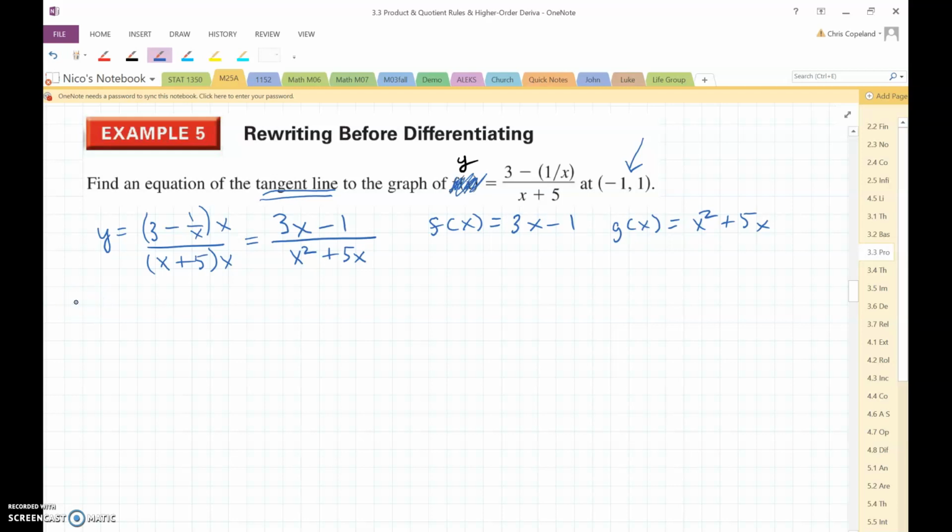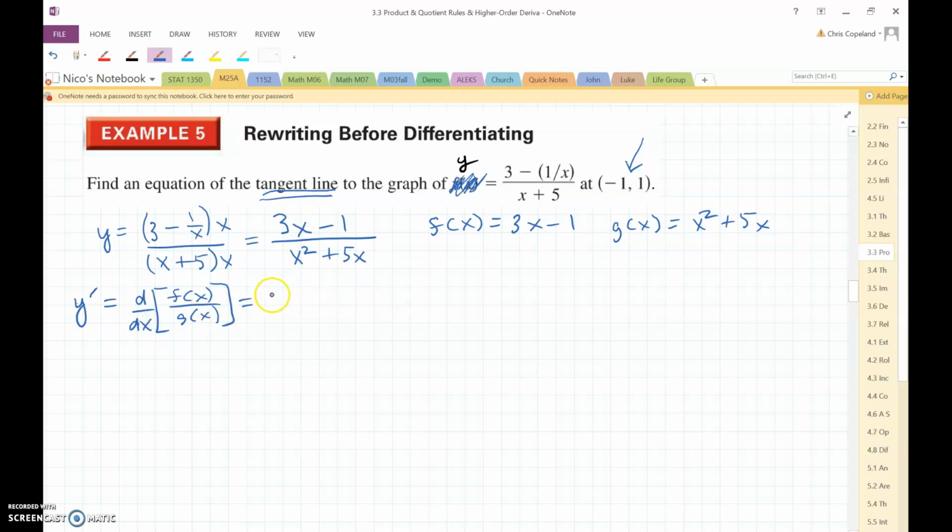I want to take the derivative of y, which is the derivative of f of x over g of x with respect to x.